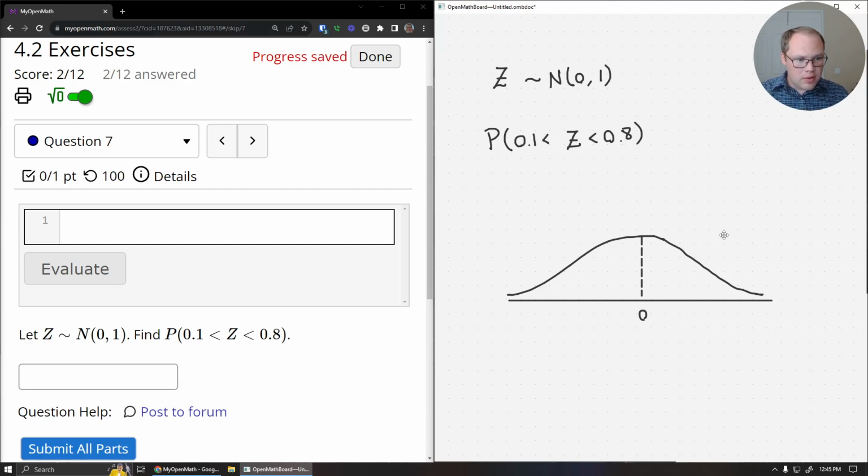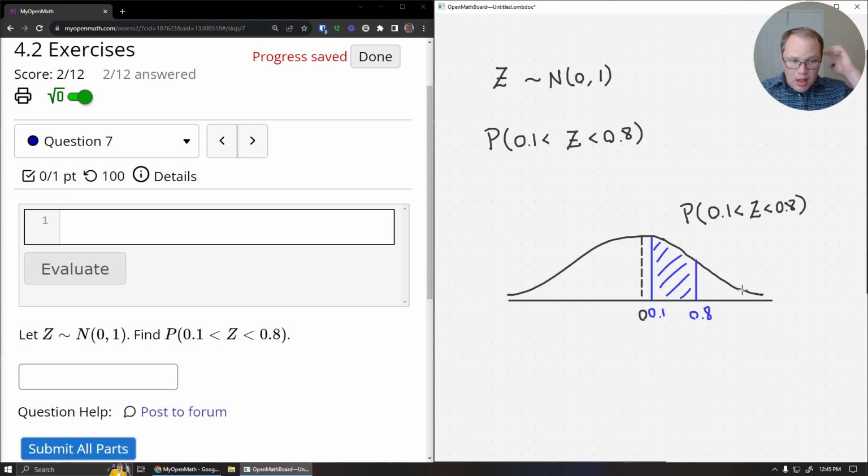So 0.1 is a little bigger than 0, and 0.8 is bigger than that. So somewhere around here. You don't have to be perfect. So I kind of want the area of this region. That would be the probability that z is between 0.1 and 0.8.